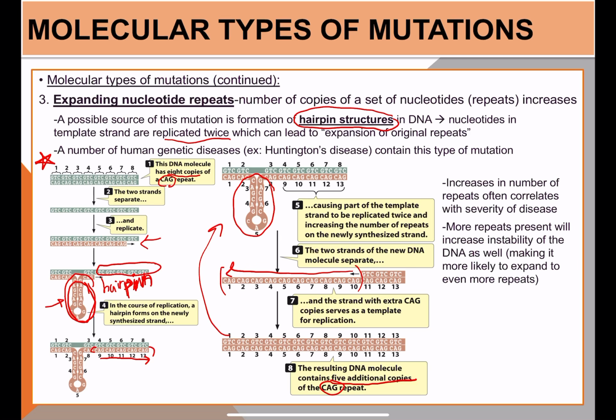And the more repeats you have, it is also more likely that it will expand to even more repeats, increasing the instability, in a sense, of the DNA sequence. So the more repeats you have, the more likely it's just going to keep forming these secondary structures, like a hairpin structure or even multiple hairpin structures. That's why it makes it even more likely to make an even bigger sequence. So we don't want these expanding nucleotide repeats very much.